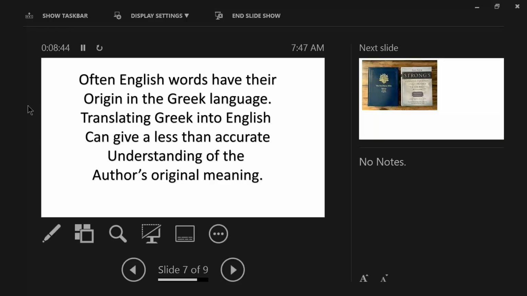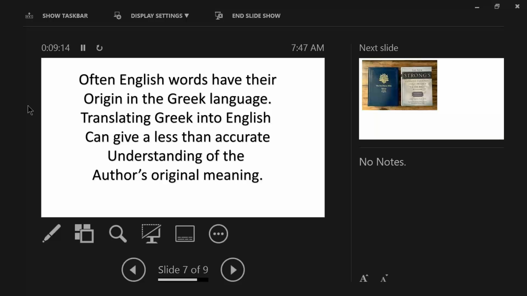Often English words have their origin in the Greek language. Translating Greek into English can give a less than accurate understanding of the author's original meaning. The English language has a hard time with certain words, not always, in bringing the meaning from the Greek into the English.